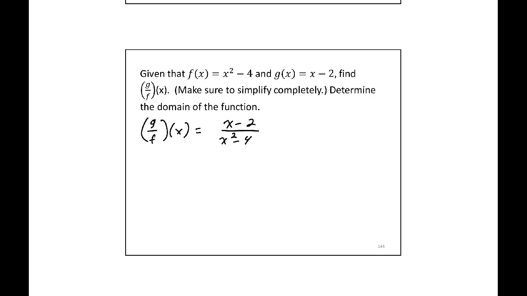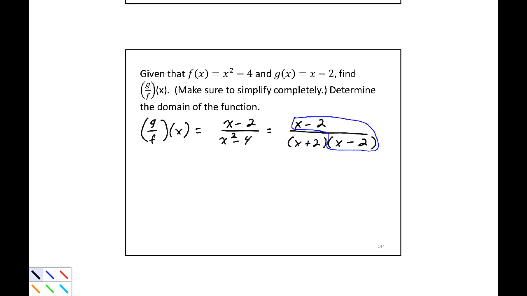Now, for simplifying this, we can actually factor the denominator, x minus 2 times x plus 2, so that this reduces, these two form a 1, leaving us with 1 over x plus 2.